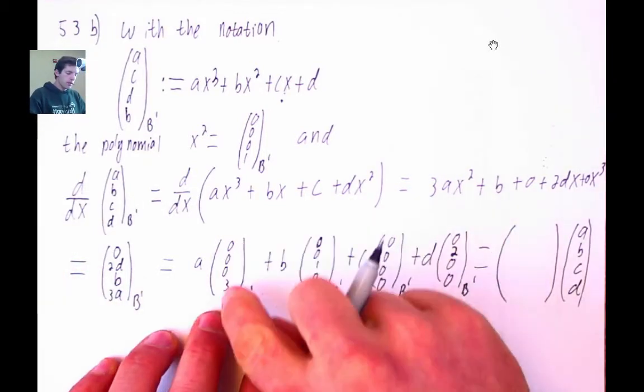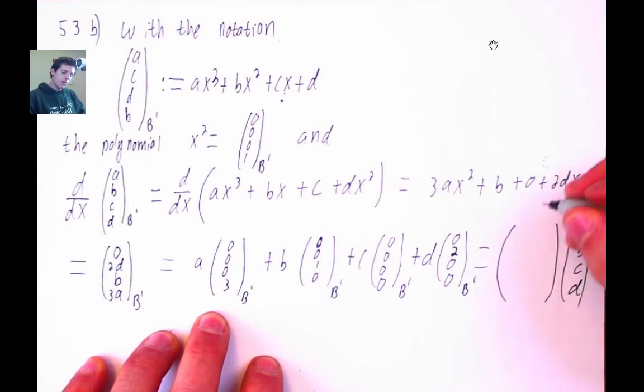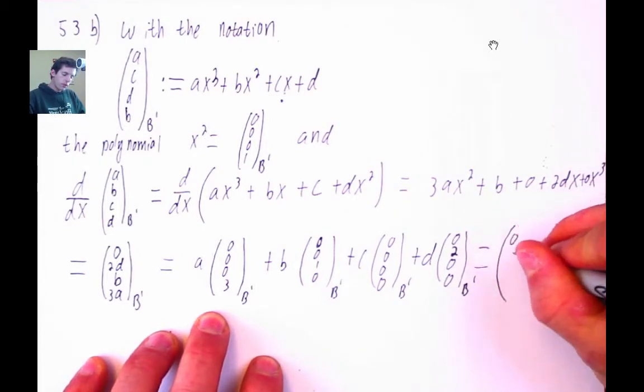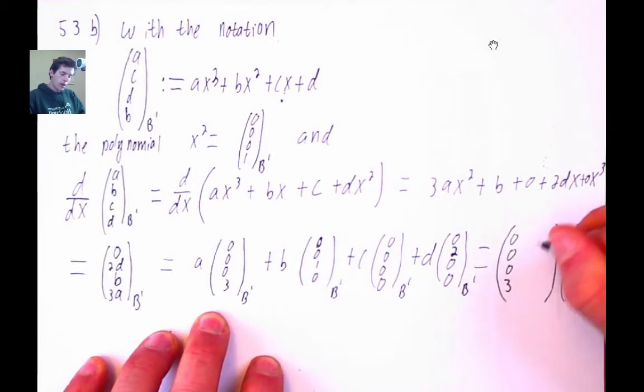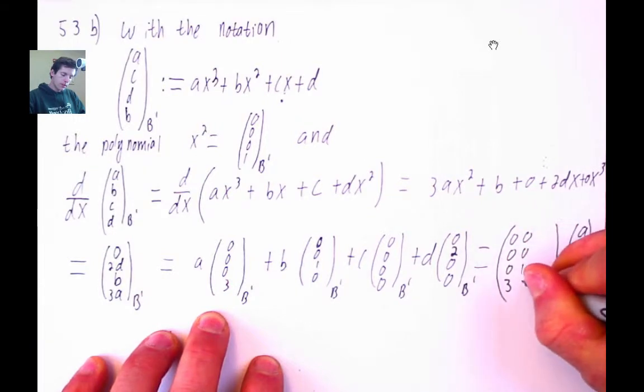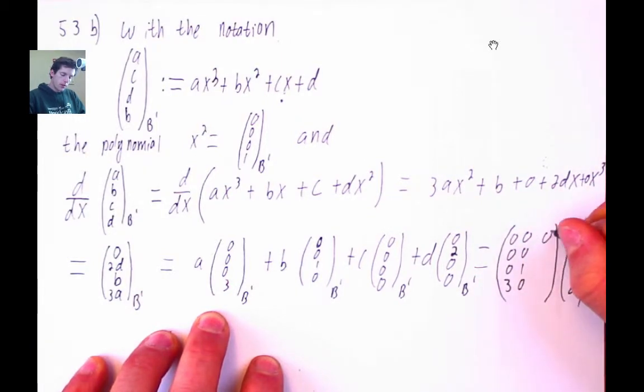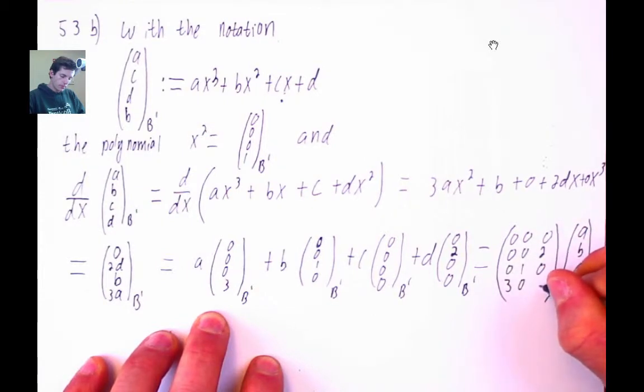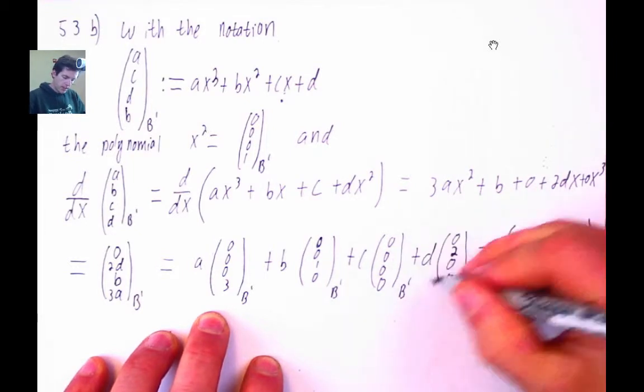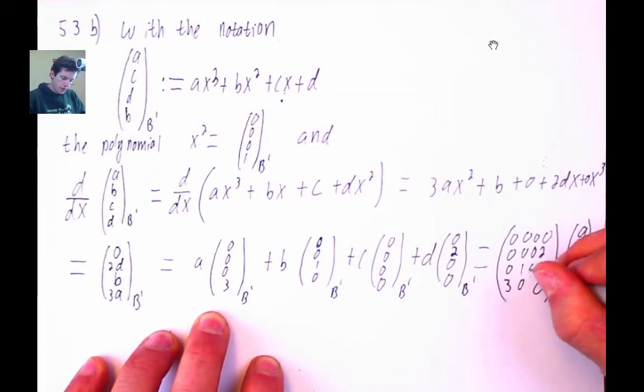And so these vectors are the columns of my matrix. 0, 0, 0, 3, 0, 0, 1, 0, 0, 2, 0, 0. Oh, I forgot this guy, didn't I? 0, 0, 0, 0.